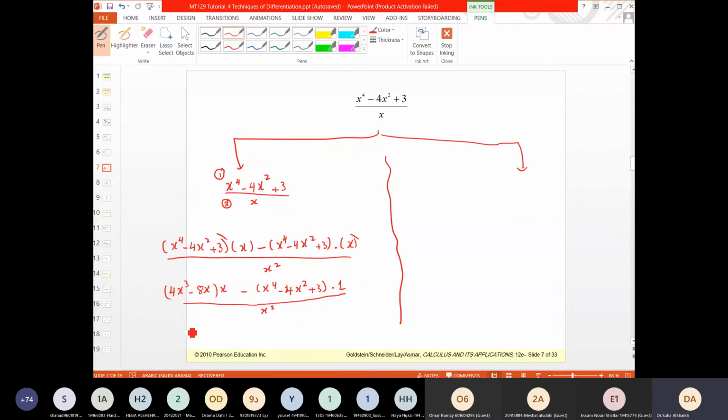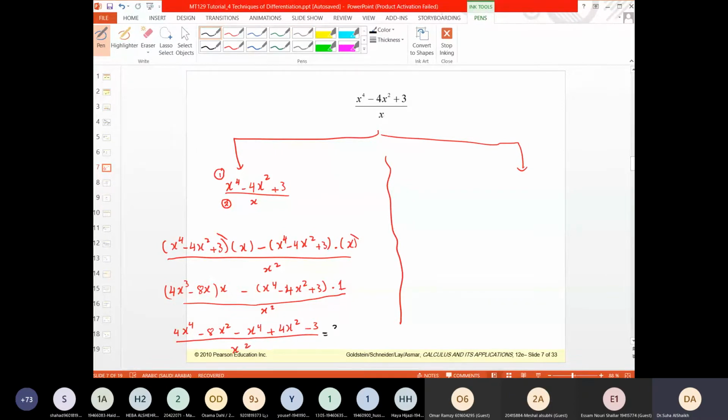We simplify it. This will be 4x^4 minus 8x squared minus x^4 plus 4x squared minus 3, all divided by x squared. We have a simplification here. I have 4x^4 and here I have minus x^4.